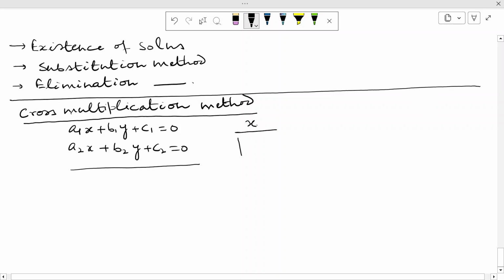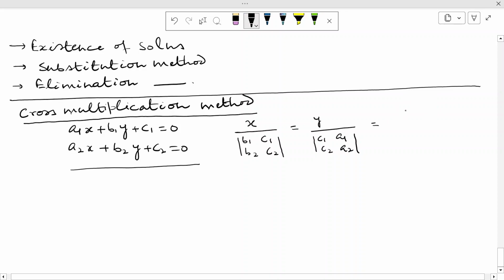First we will write x upon, here we will write the remaining coefficients involved in the equations, means we are leaving the coefficients of x. a1 a2 को हम नहीं लेंगे, हम यहाँ पर लेंगे b1 b2 and next we are having the constants, c1 c2, is equals to y upon, now we will consider here c1 c2 and here we are having a1 a2. यहाँ पर हमने y के coefficients b1 b2 को consider नहीं किया है.